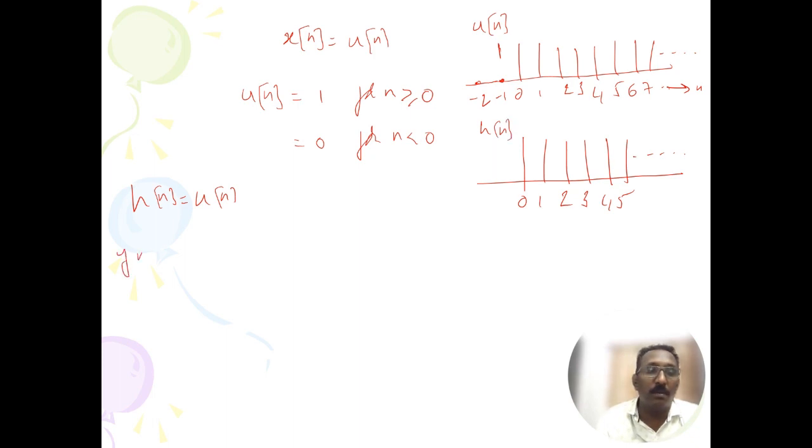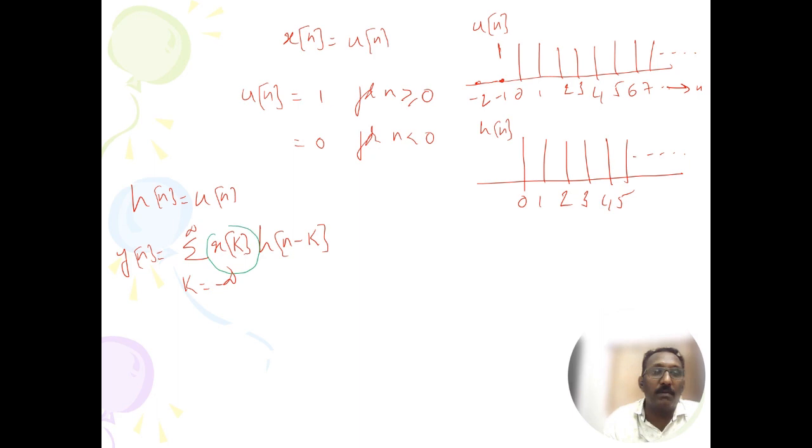This is the formula. So y of n is equal to summation x of k h of n minus k, k equal to minus infinity to plus infinity. In order to get one value of output y of n, we have to multiply x of k and h of n minus k for different values of n.